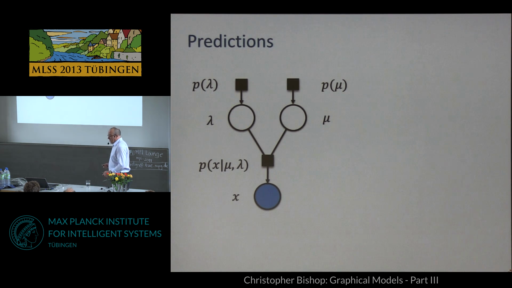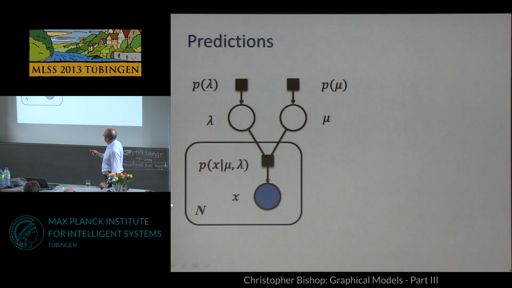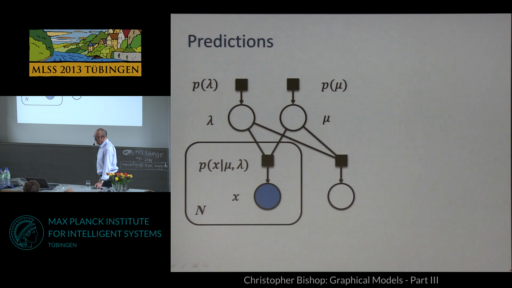So we've made some number of measurements, X, from the sensor already. We can run inference, and we can get posterior distributions over both the position of the hand and the precision of the noise process in the sensor. And given those, we can then predict the next sensor measurement.